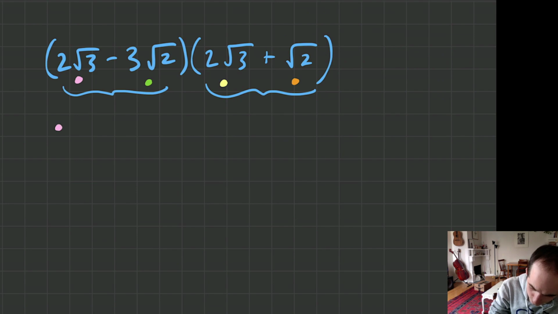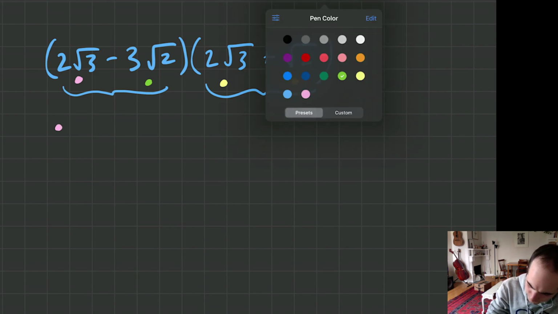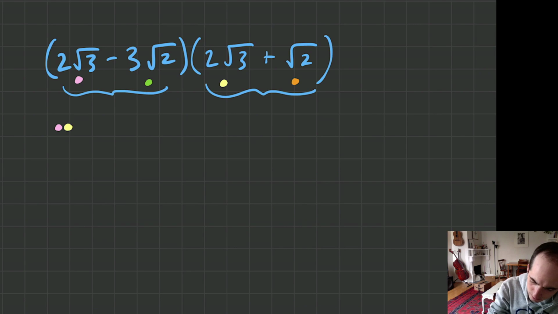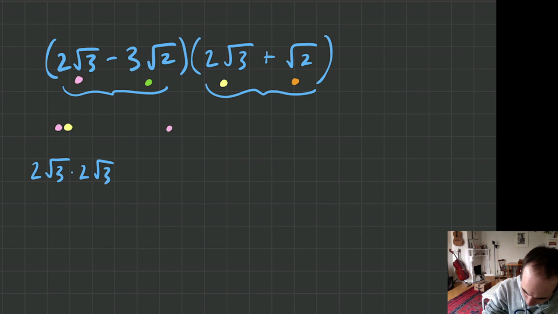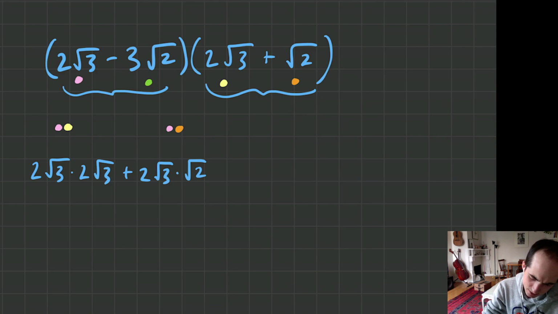This pair is going to give me 2 root 3 times 2 root 3. Next up, purple and orange, and what I'm left with there is plus 2 root 3 times root 2. Okay, so that's good.